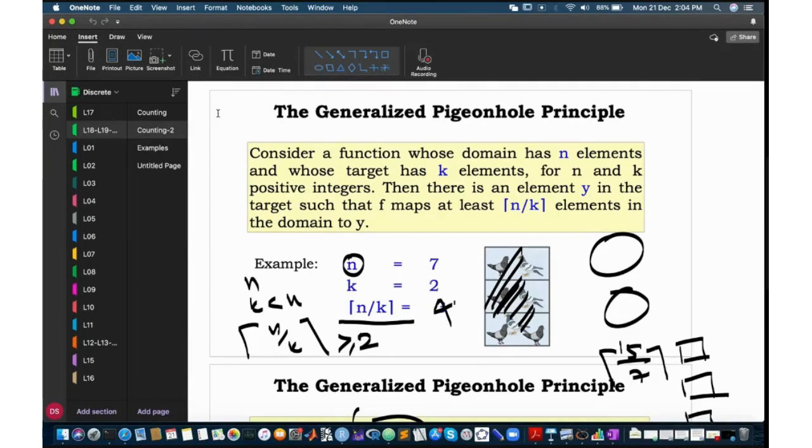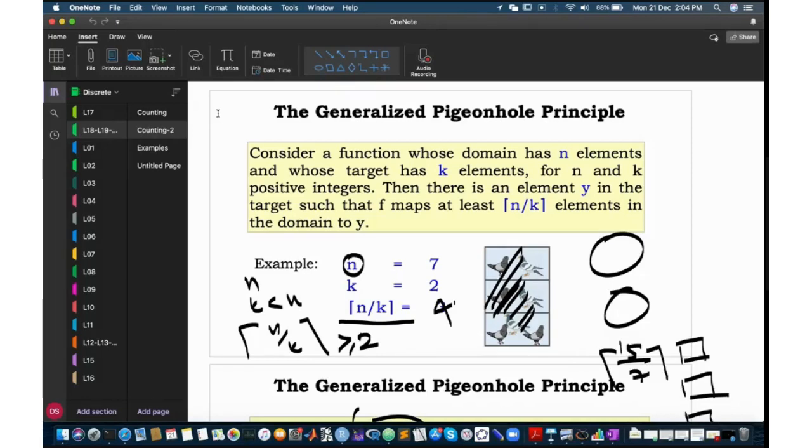This is quite intuitive, because n over k is the average number of pigeons per pigeonhole. So there must be a hole which contains at least the average number of pigeons.